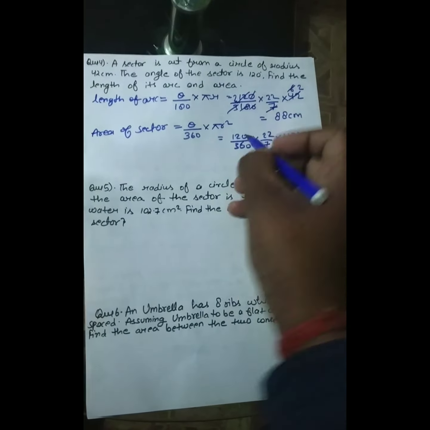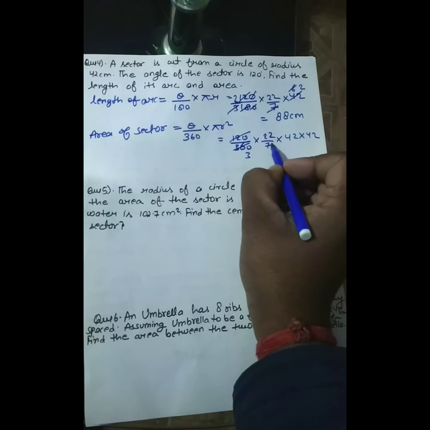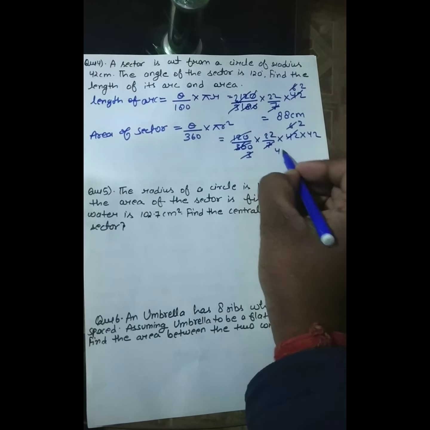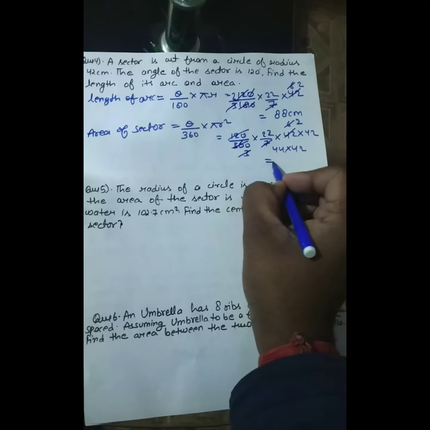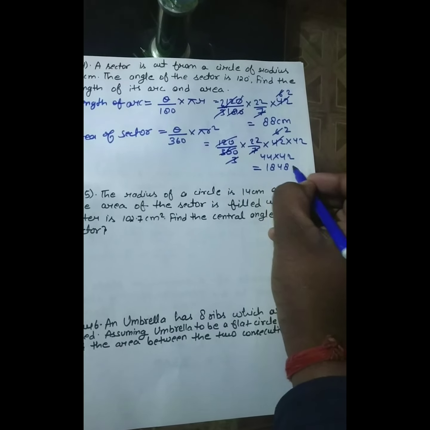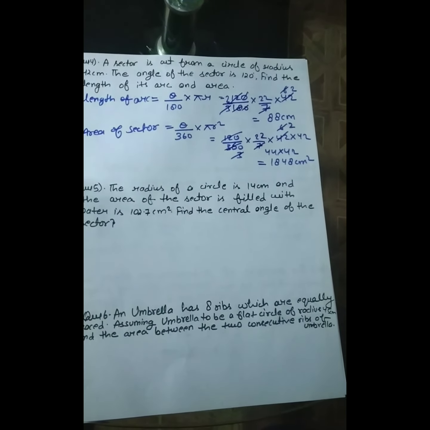Got it, guys? So here it will be 3 and this is 6 and this is 2. So 44 into 42. When you solve this, the answer will be 1848 centimeter square. That is the area of the sector.